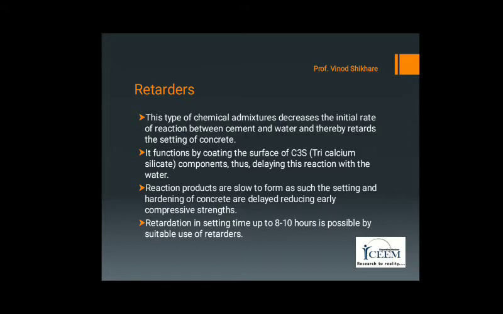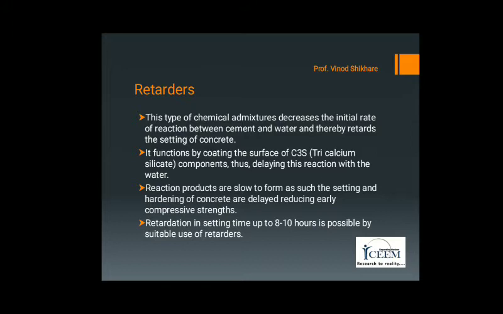Common sugar is one of the most effective retarding agents used as an admixture for delaying the setting time of concrete without detrimental effect on the ultimate strength. Addition of excessive amounts will cause indefinite delay in setting.